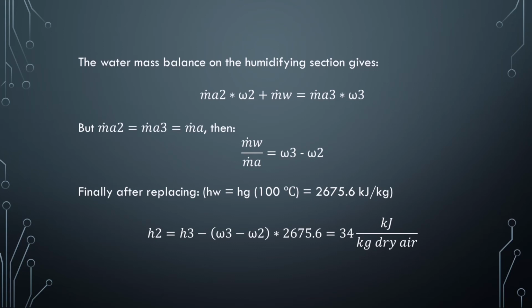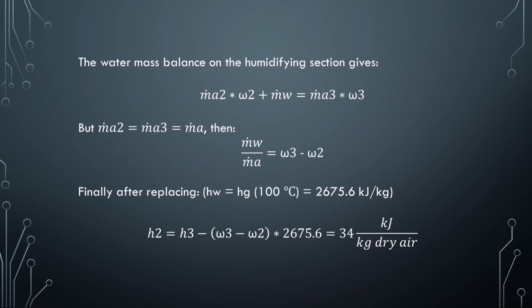Finally, we just calculate these values, and after replacing, but remember that enthalpy at 100 degrees Celsius is 2675.6 kJ per kilogram.